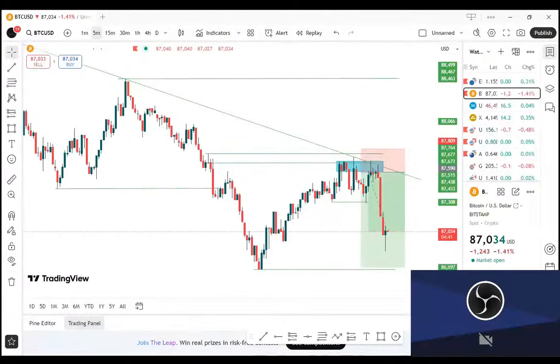So we're still holding. Like I said, price will make a retracement, which price is doing right now.